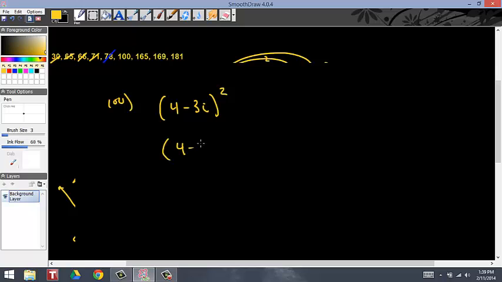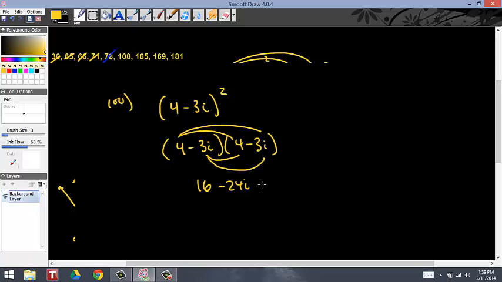This is 4 minus 3i times 4 minus 3i. Raise your hands if you're okay with that happening. Okay, good. This is 16 minus 12 minus 24i plus 9i squared. What is i squared? Negative 1. So this is negative 9. 16 minus 9 is 7 minus 24i.